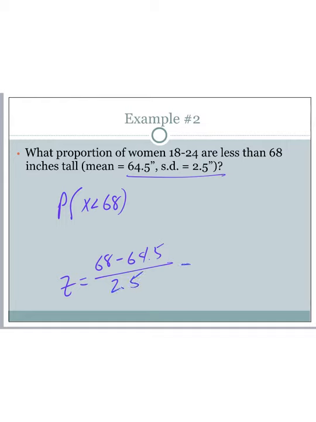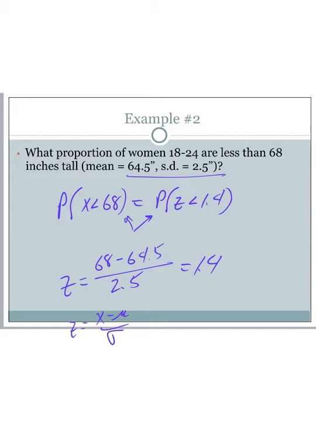So again, that gives us a z-score of 1.4. Okay, that's the x minus mu over sigma there. And so this is equal to the probability that z is less than 1.4. So you don't need to write both of these statements, but you should be able to write one of them. And it's probably easier to just always write the standardized value.